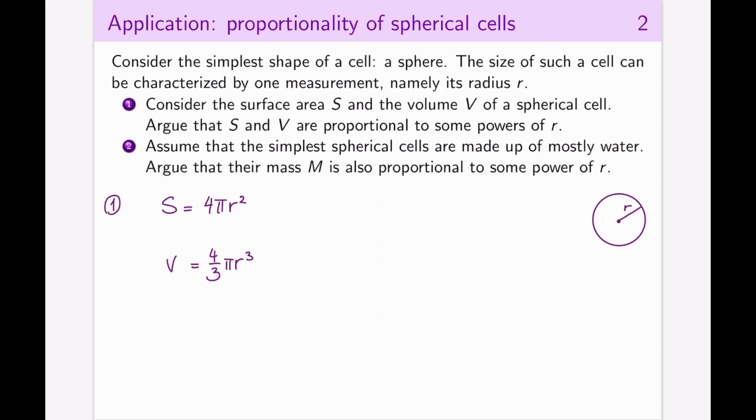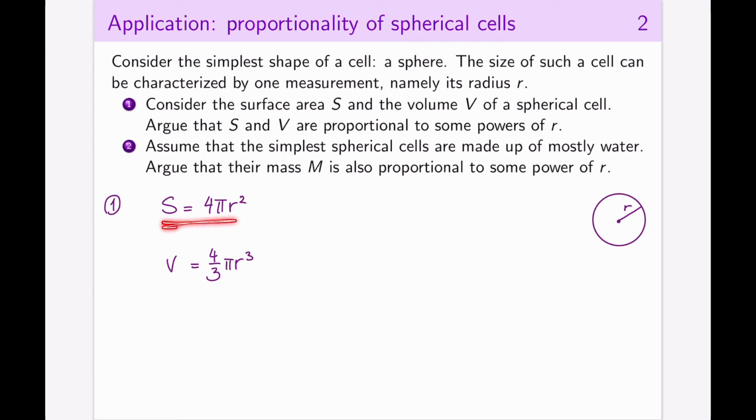By various different tools, we know that these formulas are true. And in fact, if you take Math 112 or Math 118, you will show using integration that this is in fact the volume of the sphere.